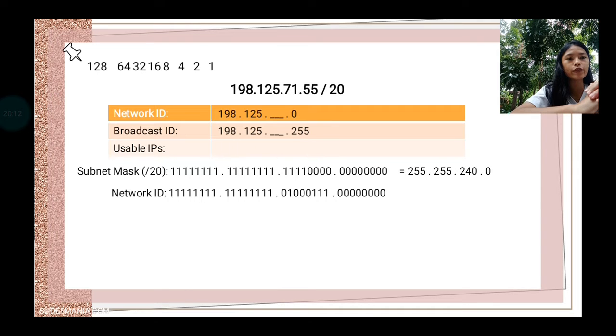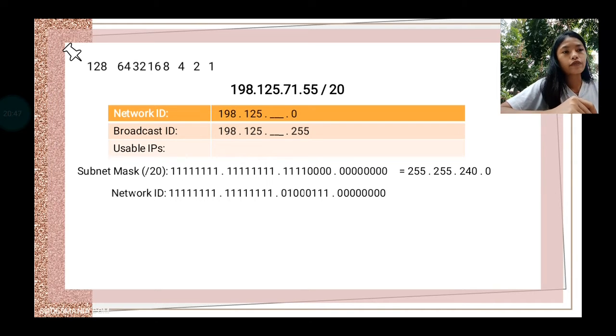First, since our subnet mask is 255.255.240.0, our first and second octet would stay the same since all the bits are turned on. So there we have our network ID and broadcast ID, 198.125. And now we're going to determine our third octet.